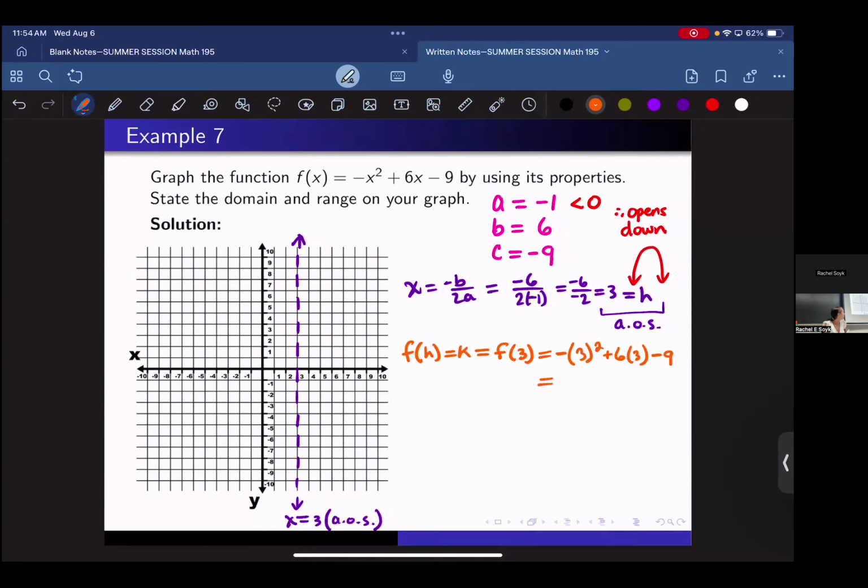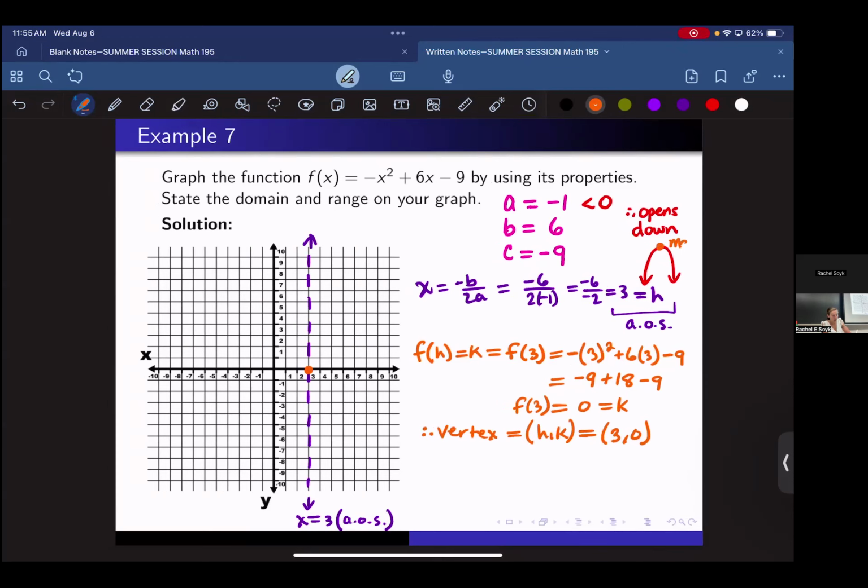So it's going to end up being a negative value for that first term. 3 squared is 9, so then we have -9. 6 times 3 is a positive 18, and then minus 9. So we end up getting 0 for our k value, which means our vertex is 3, 0. So we're going to plot that. And that vertex, because it opens down, that's going to give us our max.